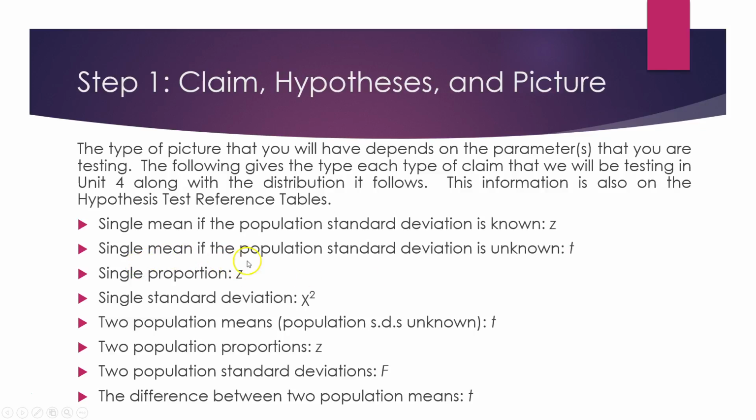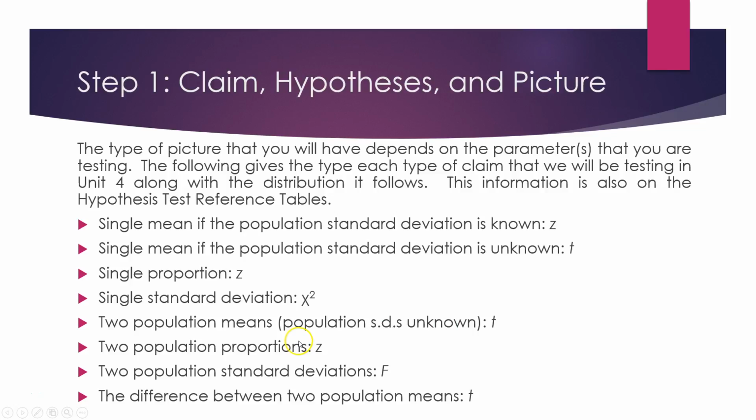Single proportions follow a Z distribution. Standard deviations follow a chi-square distribution, and these are the order of the topics that we're going to be doing our hypothesis testing on. Two population means, both of their population standard deviations are going to be unknown, so there's going to be a T distribution.